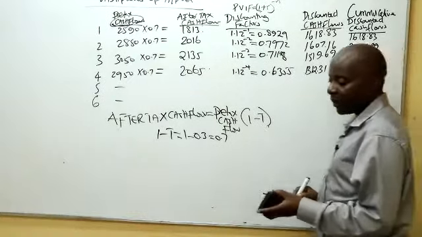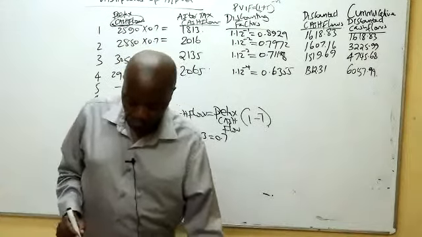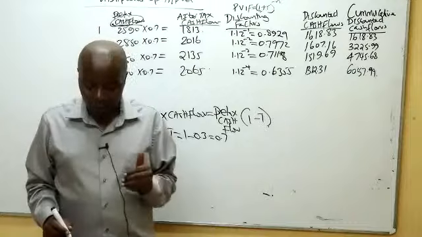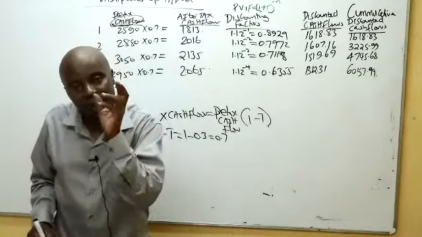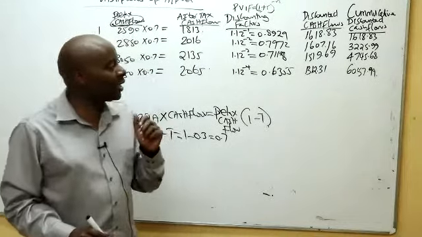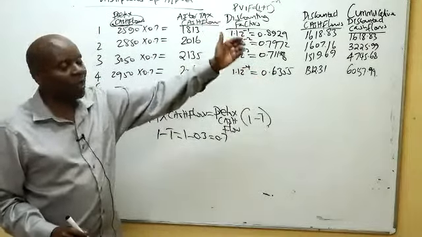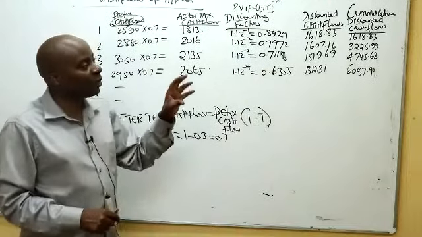Now, ladies and gentlemen, having gotten those cumulatives, the next thing will be for us to locate the initial cost of the project. The initial cost of project Alpha is 3.8. Can someone tell me where 3.8 falls in these cumulative discounted cash flows?